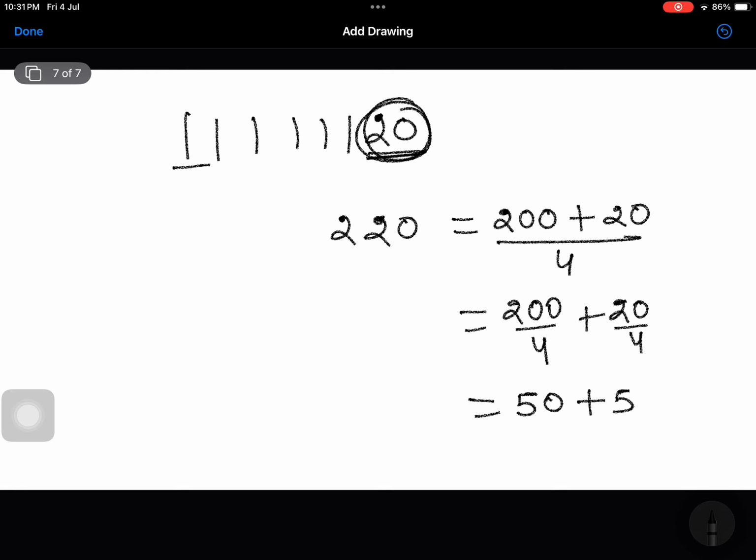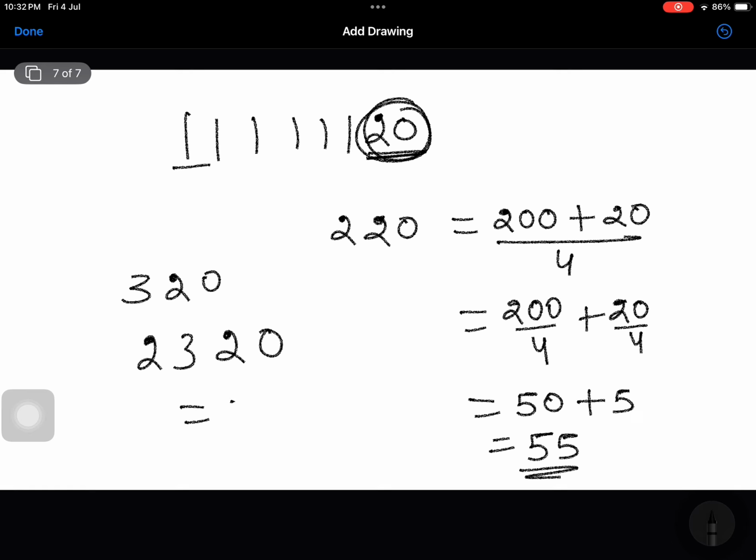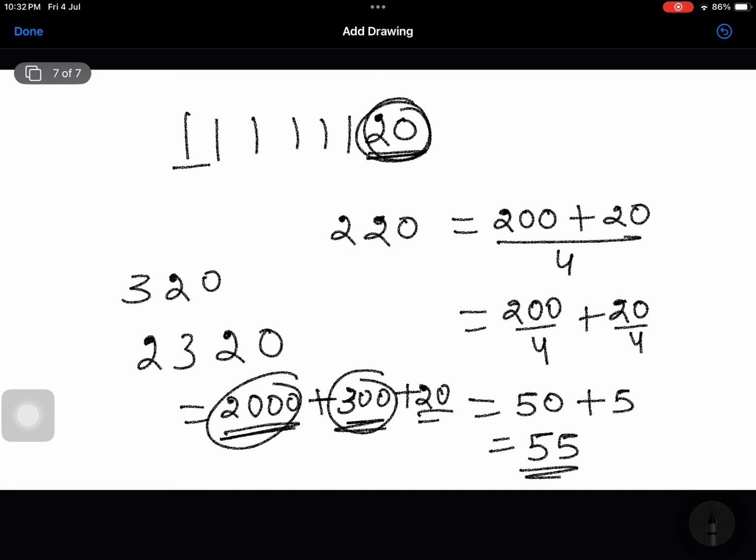This is 50, this is 5, and then we have 55. Now you can work it out on your own. You can take 320, or 2320. Here also you have 2000, 300, and 20. All of this is divisible by 4, isn't it? Any multiple of 100 is divisible by 4. Therefore, the entire number becomes divisible by 4.